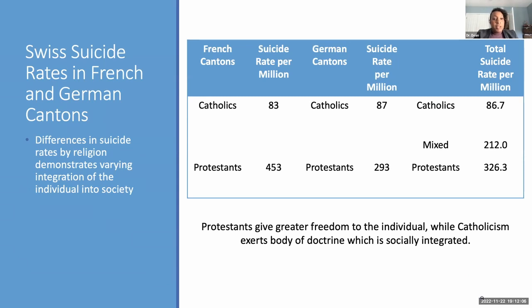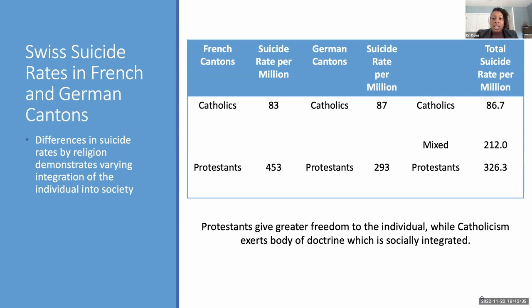What Émile Durkheim did was look at suicide rates in French and German cantons. A canton is a geographical subdivision, so it just represents a particular area of town. He looked at differences in suicide rates by people's religion, and was really thinking about how people live, where people lived, and the religion of the people who lived there might actually contribute to suicide rates.